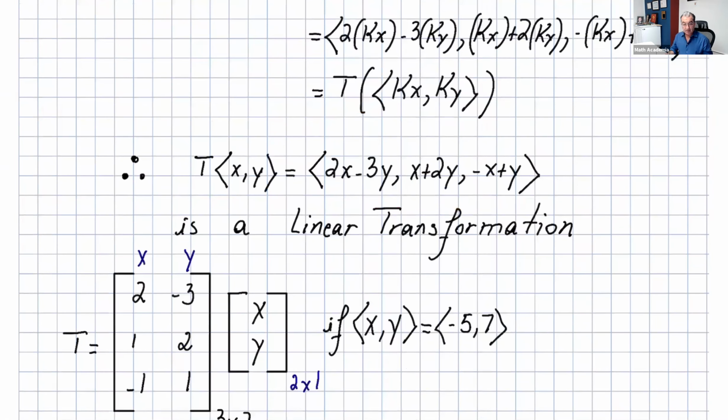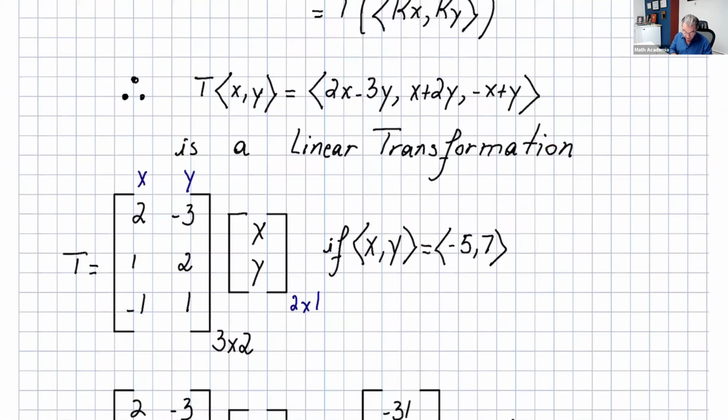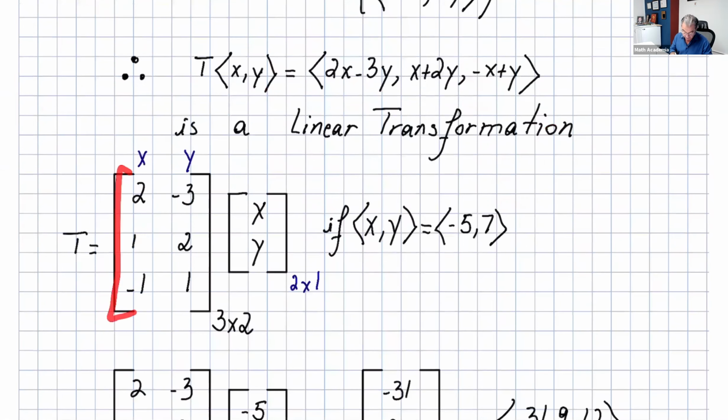Now, what's special about linear transformations? I can come up with this matrix. This is the x column, and that's the y column. For the x's, we have 2x, x, and negative x, so you write 2, 1, negative 1. For y, we have negative 3y, 2y, and y, so it's negative 3, 2, and 1. If you multiply that by a 2 by 1 vector, let's see what happens.